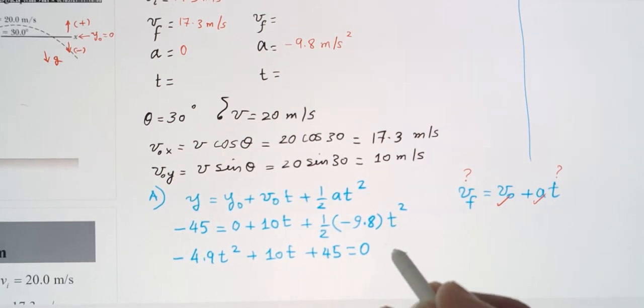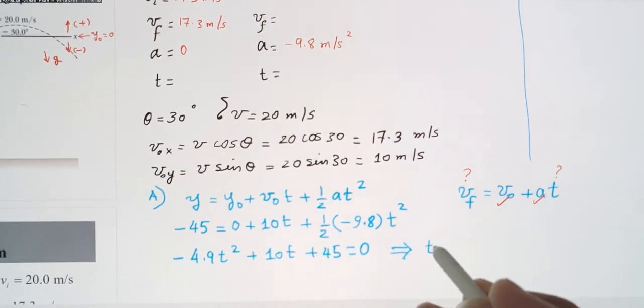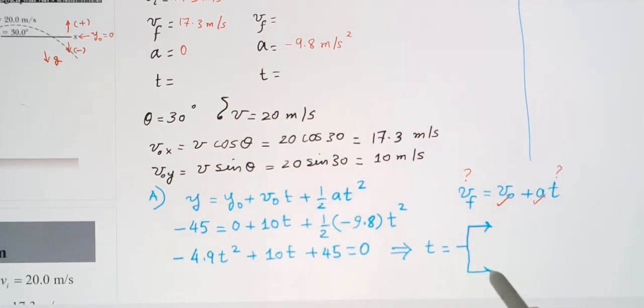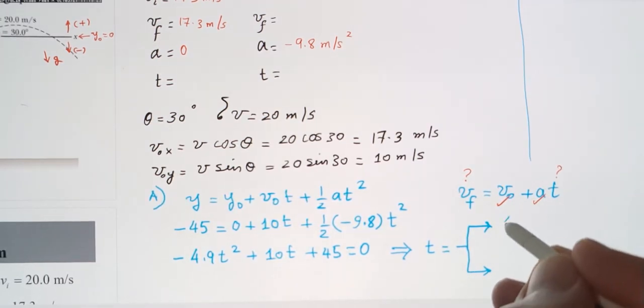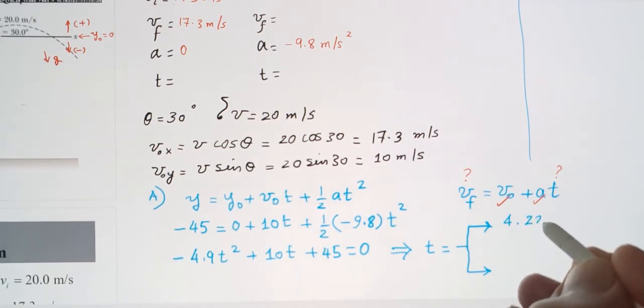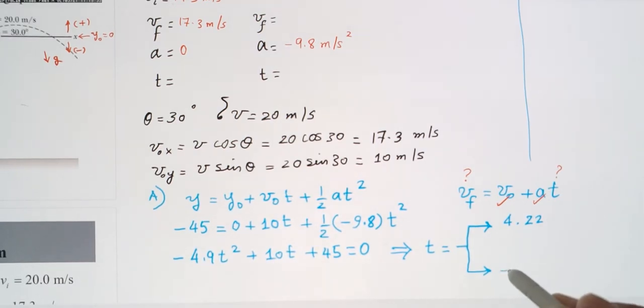So here, t is equal to... Okay, how about the other root, the second root? Two, and the other one is minus 2.18.